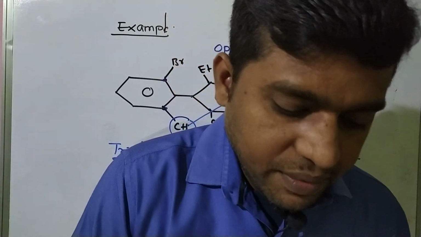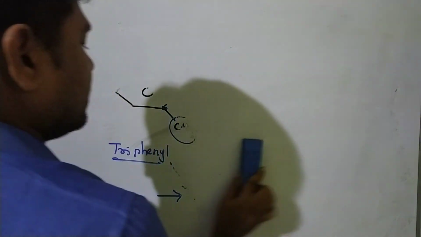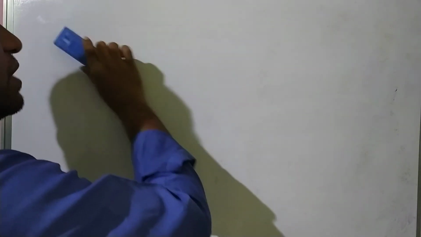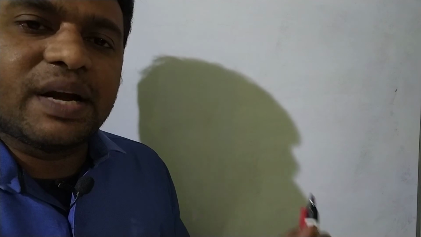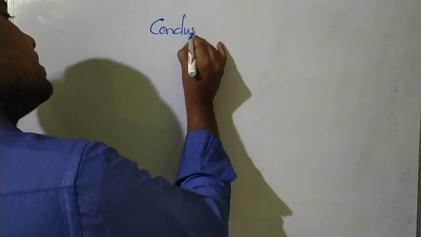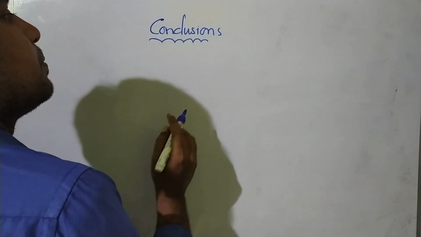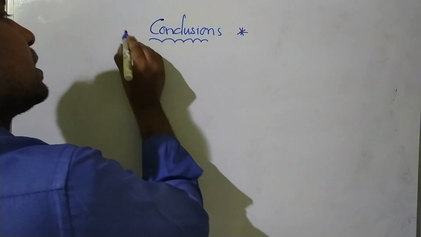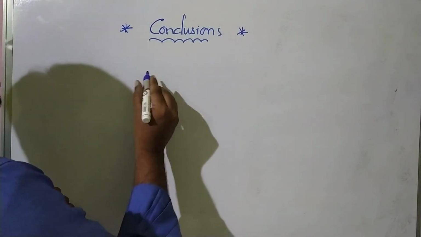Okay students, final conclusion. So in the previous two videos, geometrical isomerism in allenes, and geometrical isomerism in spiro compounds and biphenyls. Now the conclusion. This is very very highly important for you. Listen.